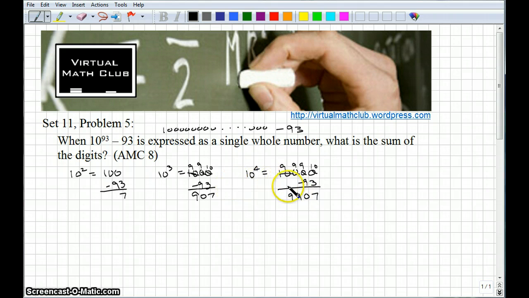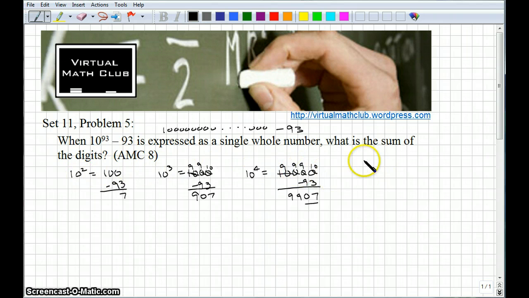So you can start to see a pattern in what's going on. The more zeros you add, the more 9s you get out at the front. But the last two digits are always 0, 7. So that's my hint: look for a pattern as you take 10 to higher and higher powers.